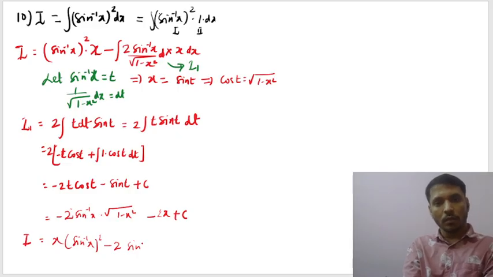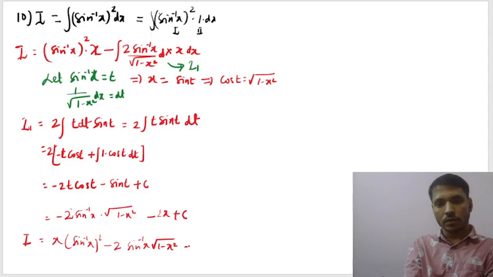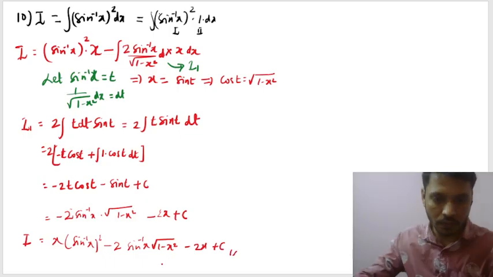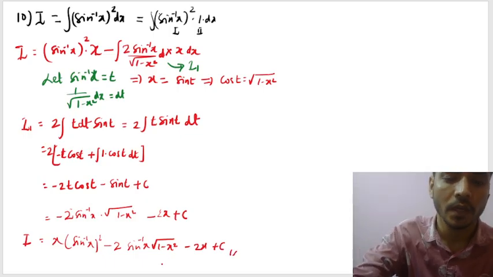So it is minus 2 sine inverse x into root of 1 minus x square, minus 2x, plus c. So this is the answer of question number 10. Thank you.